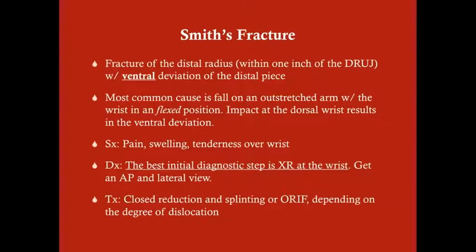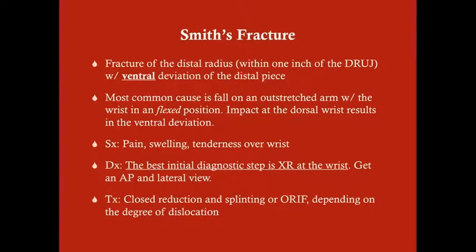Now, a Smith's fracture is just a reverse Colles fracture, and a lot of times you hear it referred to as a reverse Colles fracture. And it really is. It's a fracture of the distal radius, but in this case, rather than having a dorsal deviation of the distal piece, you have a ventral deviation of the distal piece. So the cause of a Smith's fracture is the exact same as a Colles fracture, except rather than falling on your wrist in an extended position, you're falling on your wrist in a flexed position.